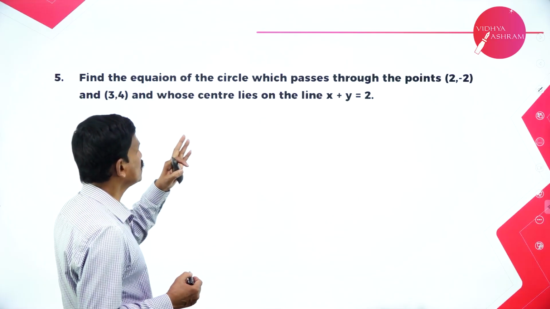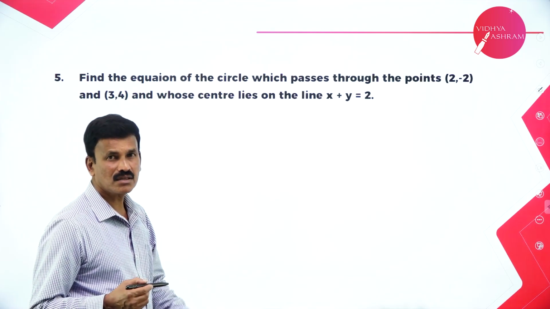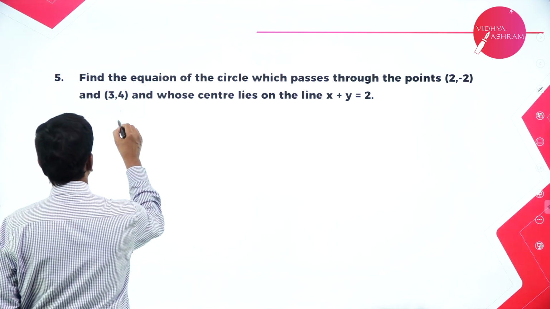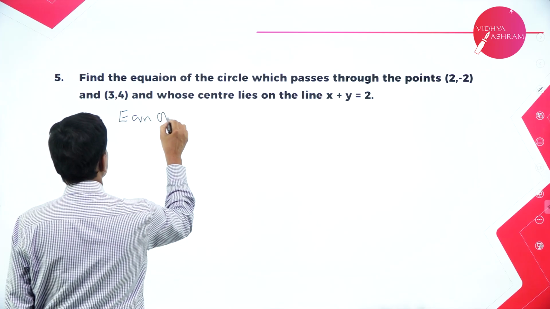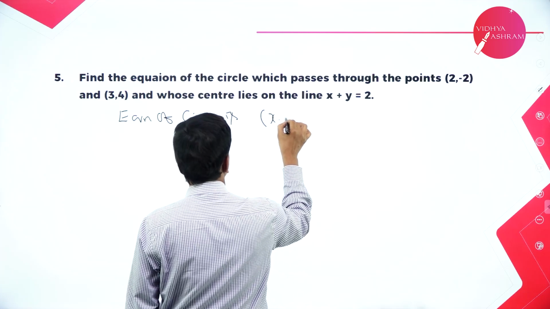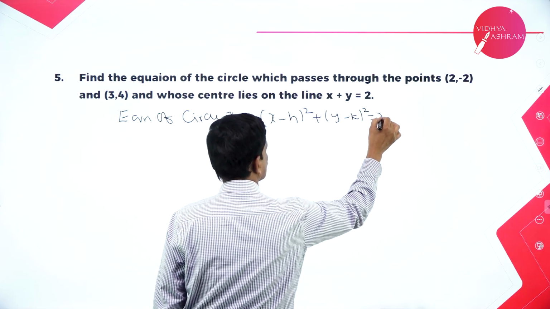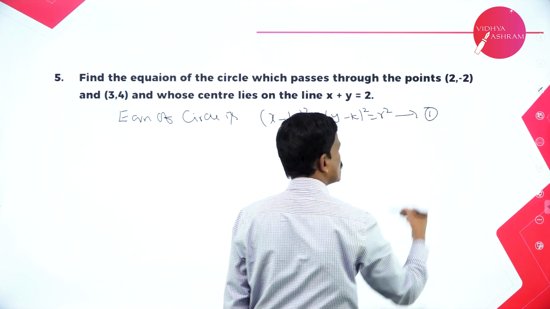Find the equation of a circle passing through the 2 points and whose center lies on the line. The required equation of the circle is of the form (x minus h) whole square plus (y minus k) whole square is equal to r square. Let us call this equation number 1.